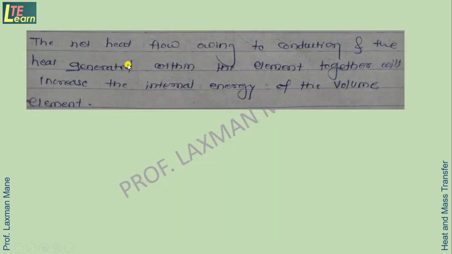Then the net heat flow owing to conduction and the heat generated within the element together will increase the internal energy of the volume element. Meaning when the heat is flowing through the element, there is a temperature difference. Because of that, there is an internal energy change.